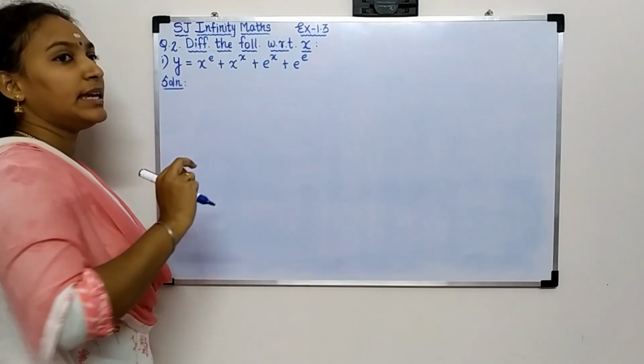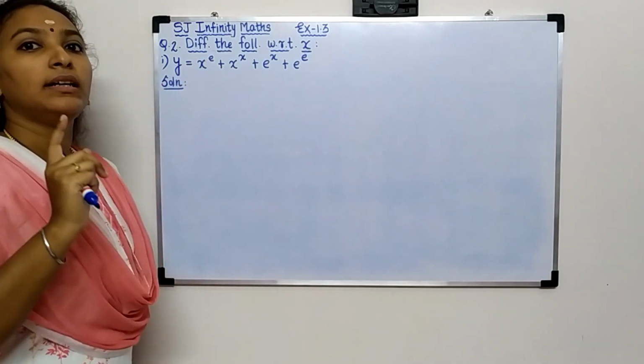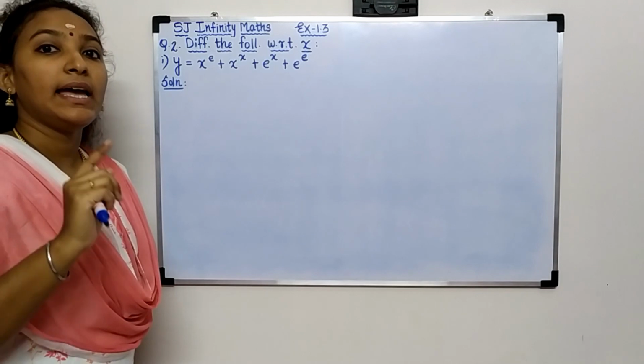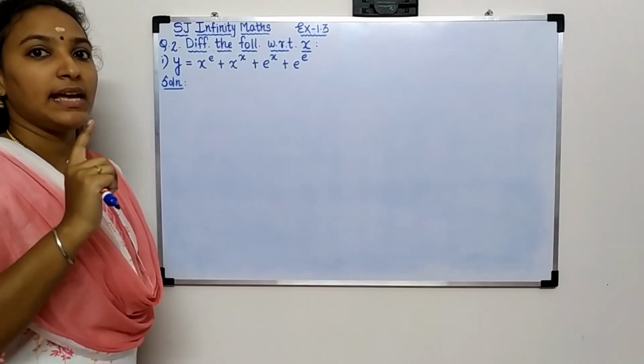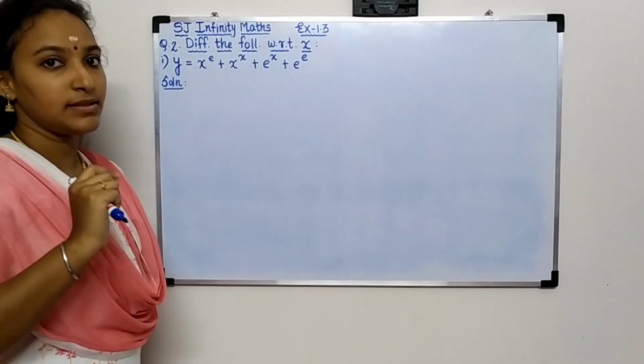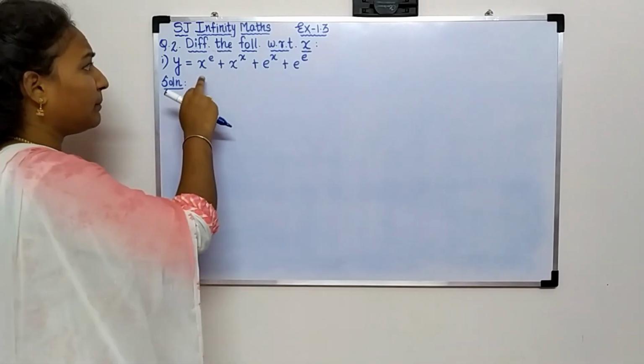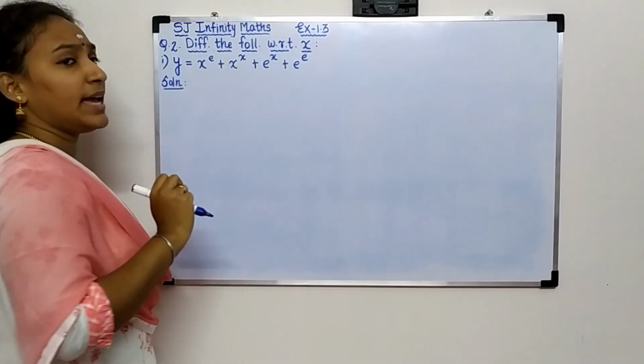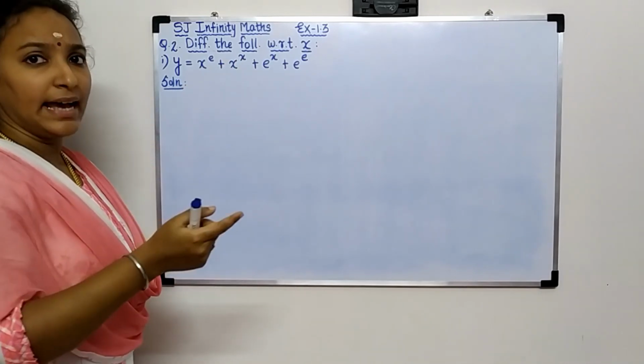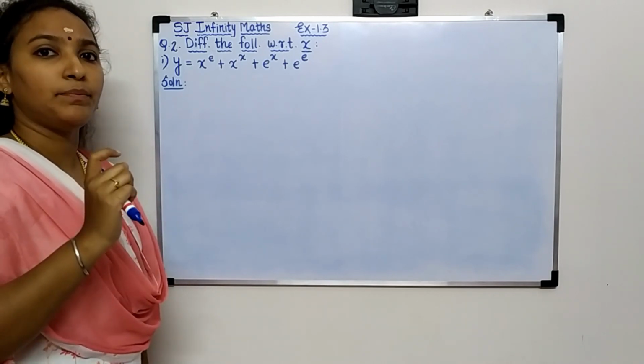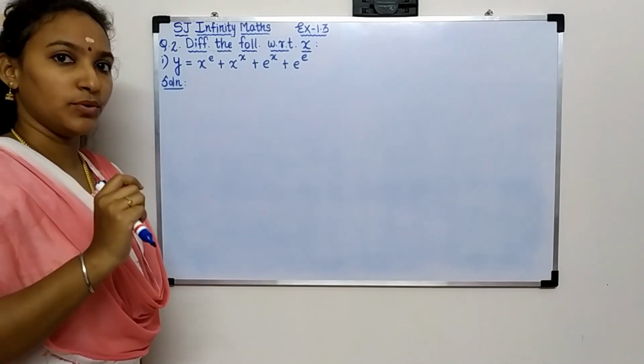Similarly, x power e can be solved using the derivative formula for x raised to n, that is n into x raised to n minus 1. But x raised to x cannot be solved directly. It needs the help of taking log on both sides.